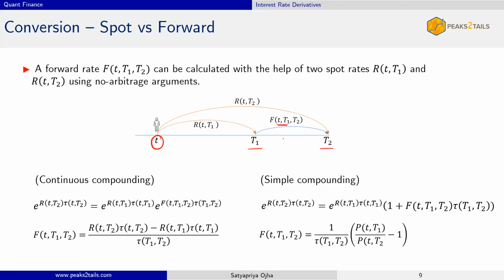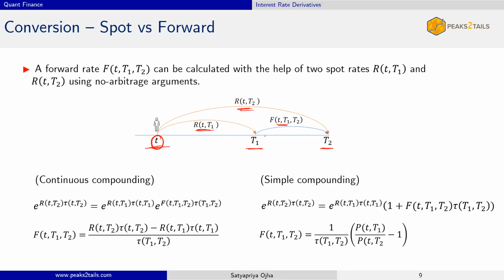You can calculate that using the two spot rates. The first spot rate, remember, starts right where you are standing. The starting point of the spot rate coincides with the observation date. So one spot rate goes from small t to capital T1, that is R(t,T1). Another spot rate goes from small t to capital T2, which is R(t,T2).